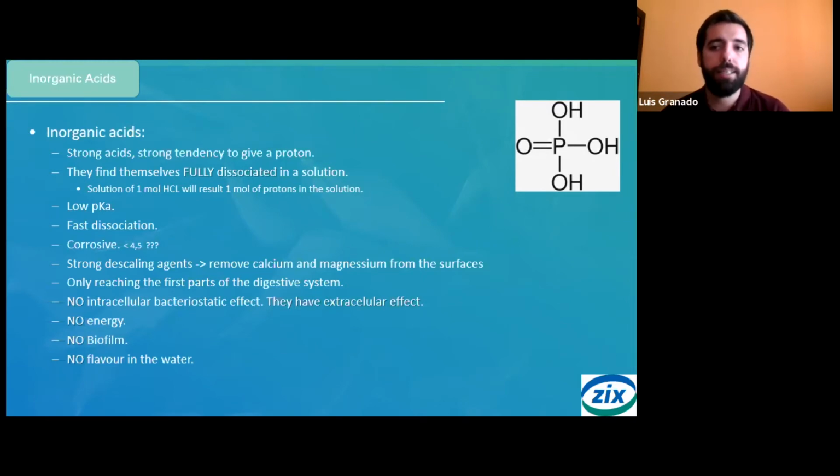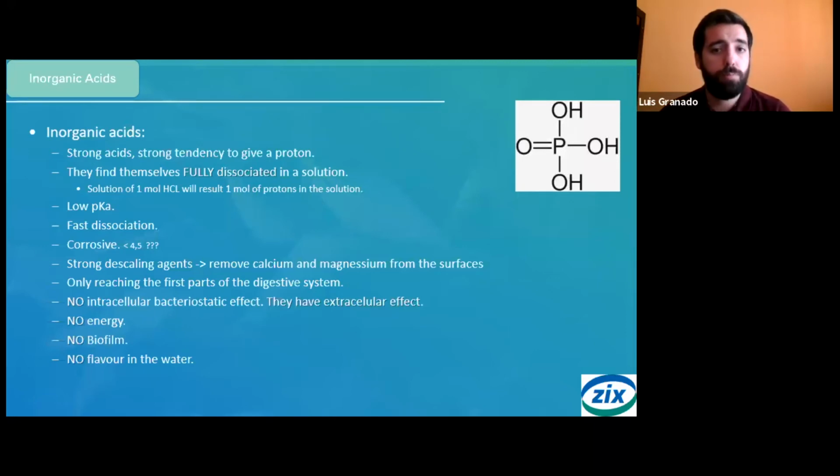So the reality is that when we add these acids into the water, they are totally dissociated. We will not find them in the not dissociated form. And this determines its action in the organisms. So again, they have a low pK because they are strong acids, and they release the hydrogen protons very fast.